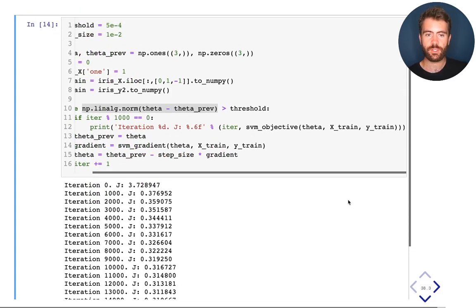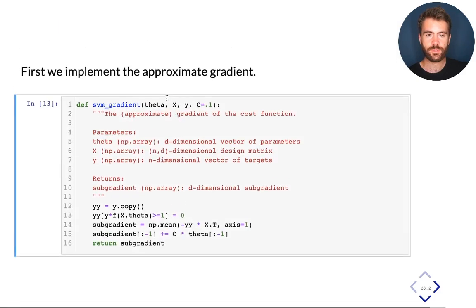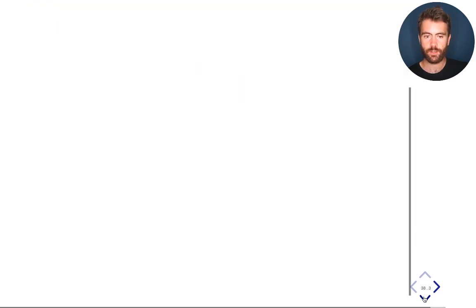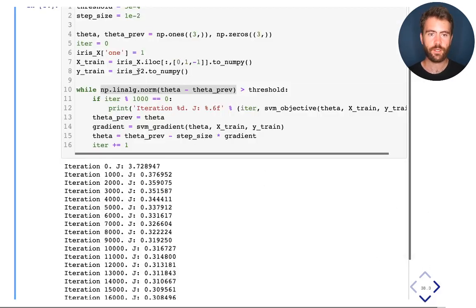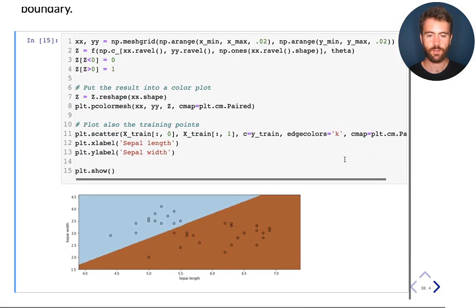Once this optimization process finishes, I have a value for theta here, and I can easily visualize this as we did earlier. Now indeed this boundary separates both classes, and it does this in a way that has high margin, so it stays far away from all these points, and it ensures that the margin over all of these points is high.